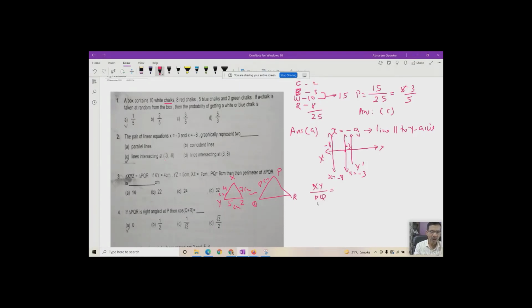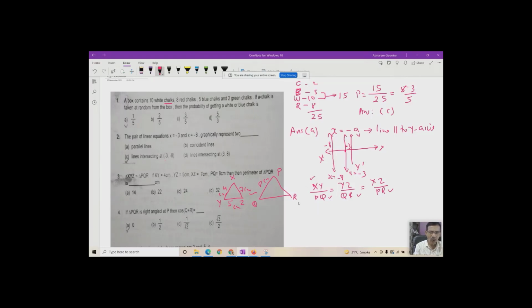This ratio is equal to YZ upon QR, then XZ upon PR. Now here all these denominators are given and PQ is given.